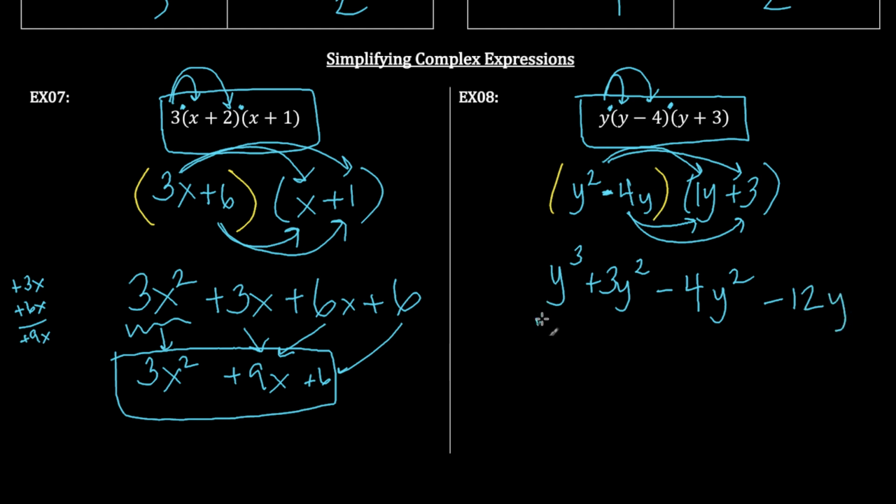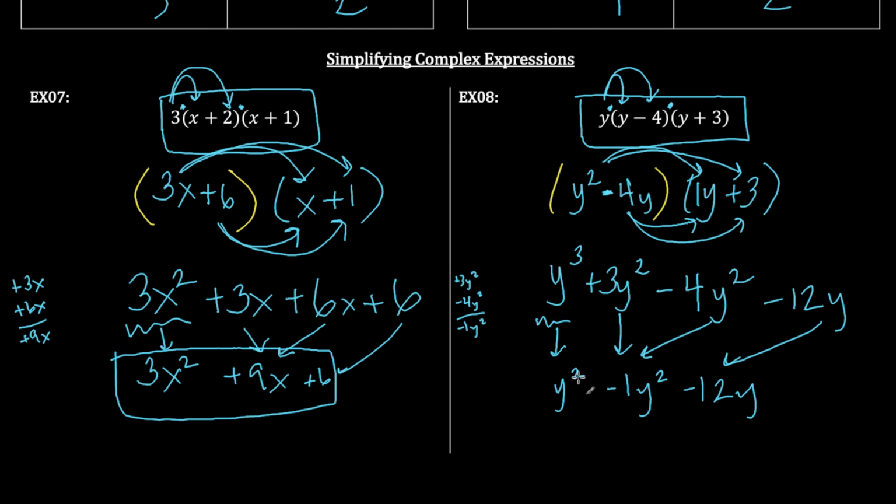Let's combine like terms. y squared, there's no more of these, so y squared. I have a plus 3y squared and a minus 4y squared. So plus 3y squared minus 4y squared. 3 minus 4 is negative 1y squared. Remember, we're combining, we're not multiplying. Negative 1y squared. And then we just have this minus 12y hanging out.